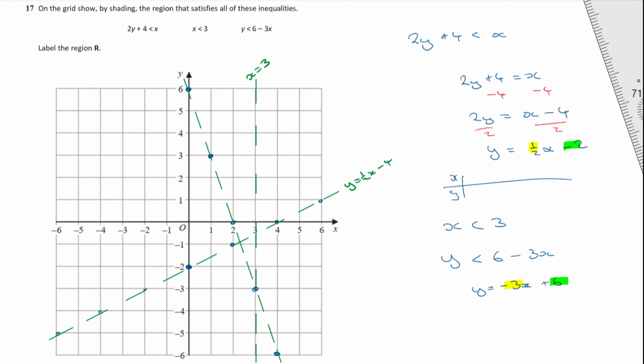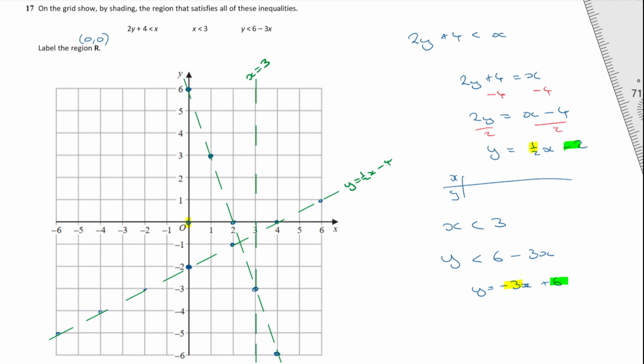Okay, so let's test this region here first. This is a point here, (0, 0), that lies in the region. To test a region you pick a point and see how it works out with the inequalities.